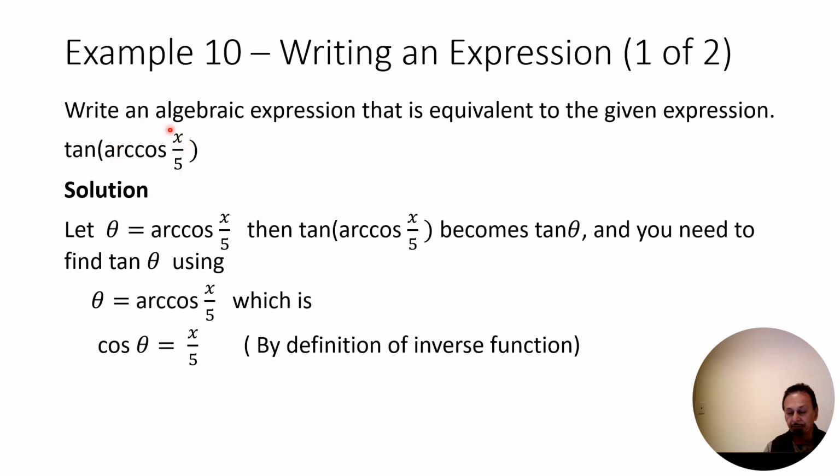In this kind of question, you have to use theta equals arc cosine of x over 5. Then the whole thing becomes tangent theta, and we have to find tangent theta using theta equals arc cosine of x over 5. Now rewrite this: take the cosine to this side, so cosine theta equals x over 5.